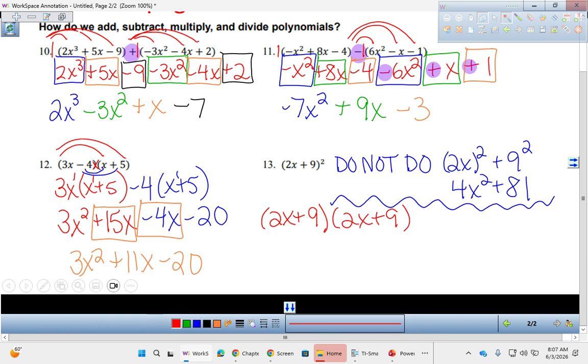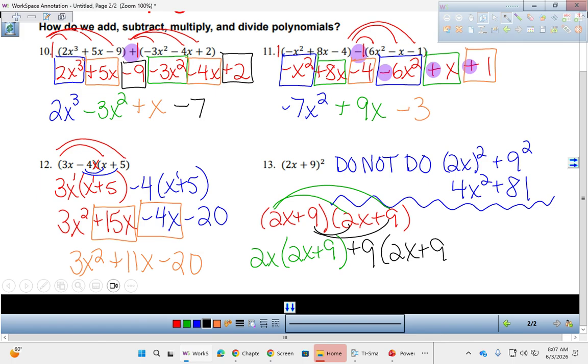Once you write it out twice, you've got 2 parts. You're gonna take the 2x from the first set of parentheses and distribute it to the 2x plus 9. And you're gonna take the plus 9 from the first set of parentheses and distribute it to the 2x plus 9.